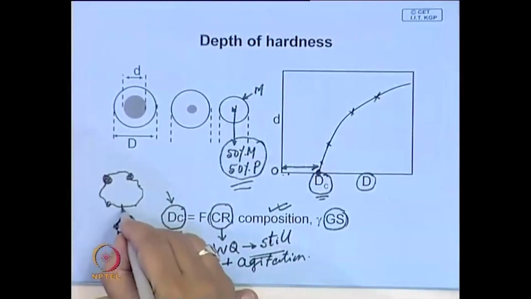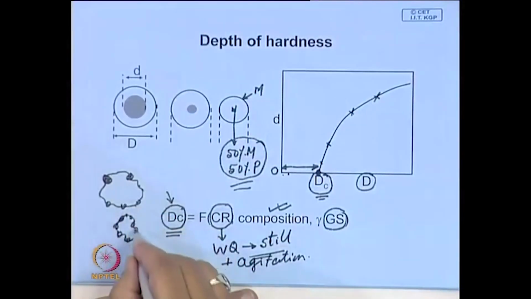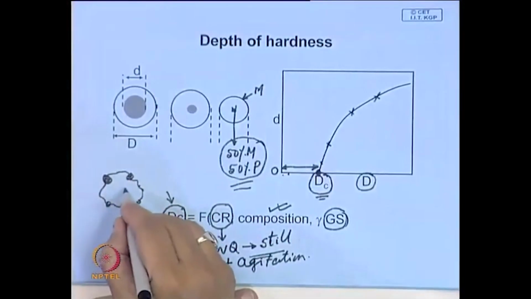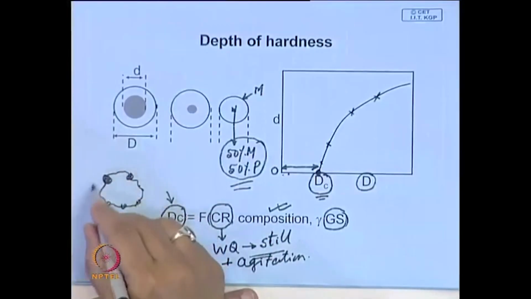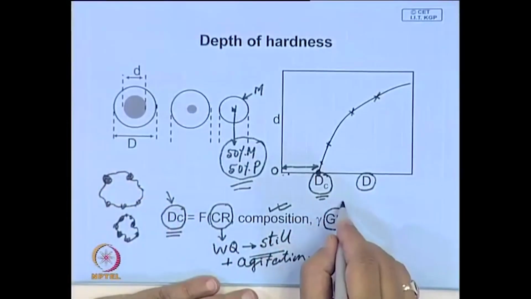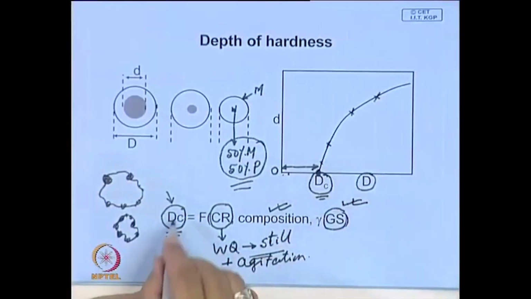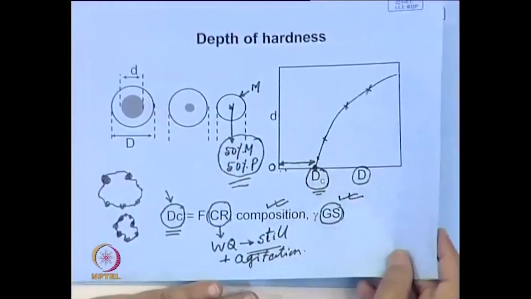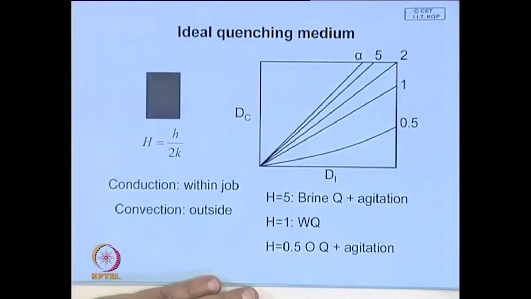The number of sites at which this transformation can take place is much more in fine austenite, whereas in coarse austenite this is much less. Therefore, diffusion control transformation here will be slow.